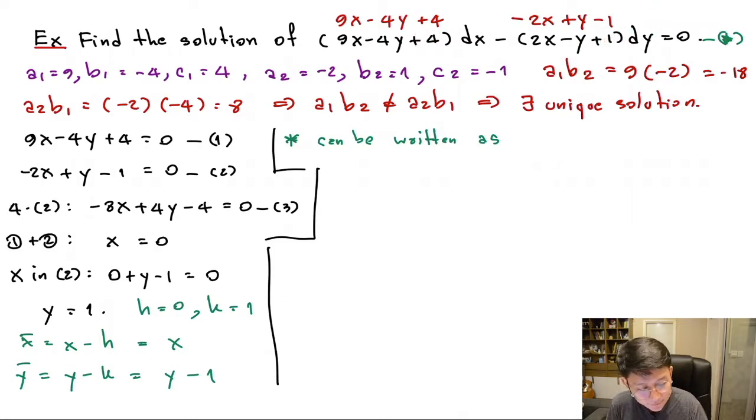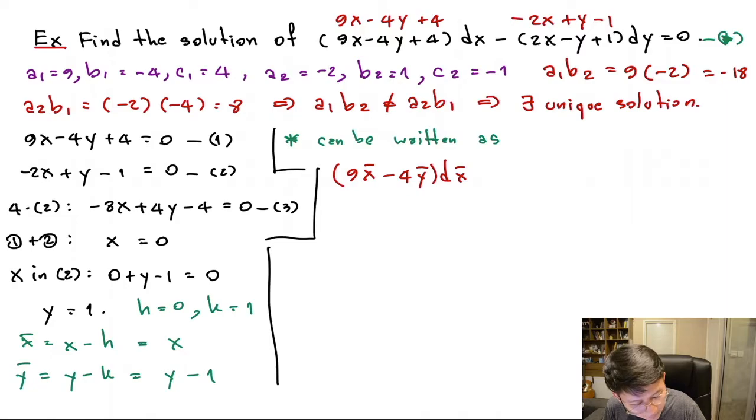So what we have here is 9x bar minus 4y bar dx bar minus 2x bar plus y bar dy bar equals 0. Oops, sorry, there's no plus 1.